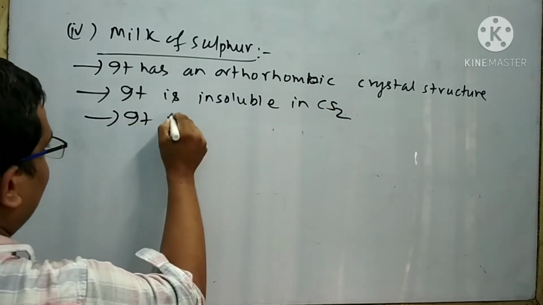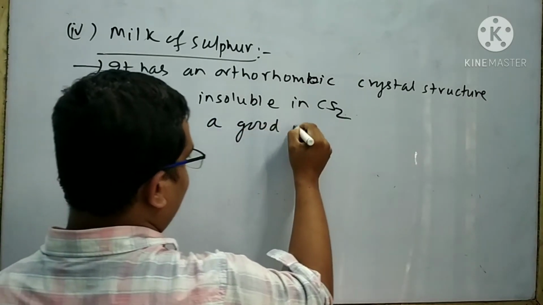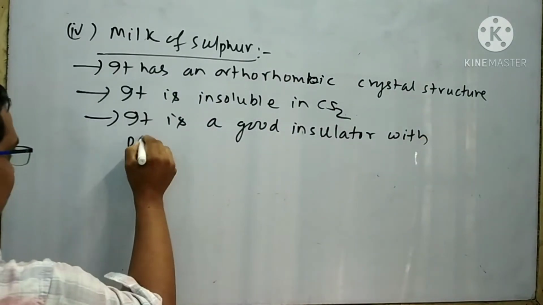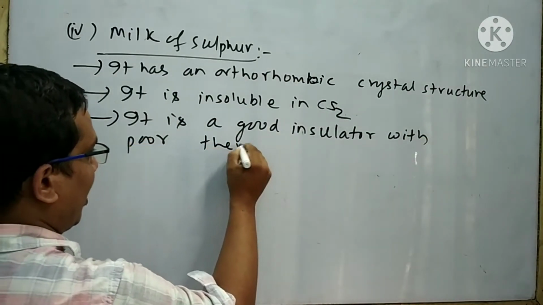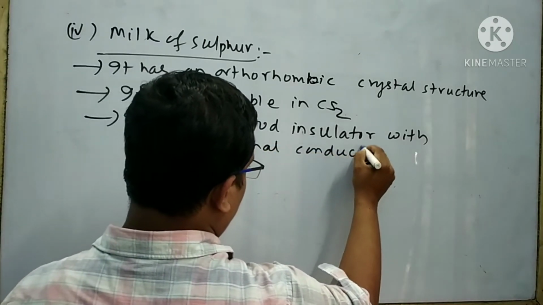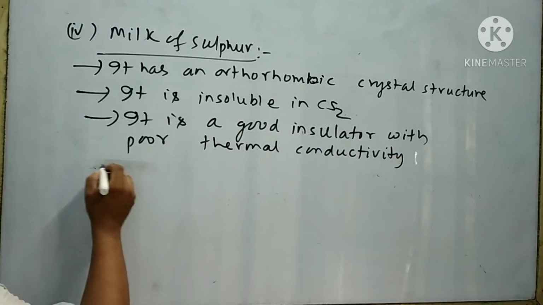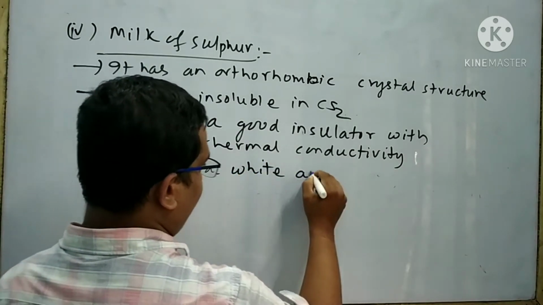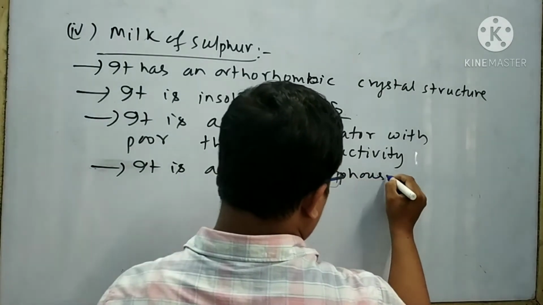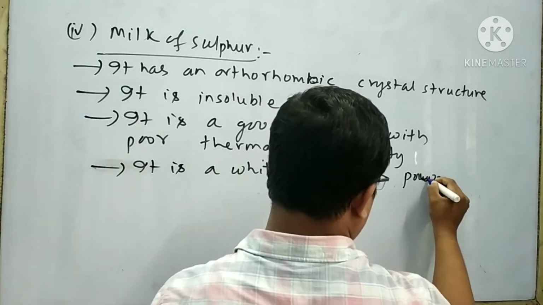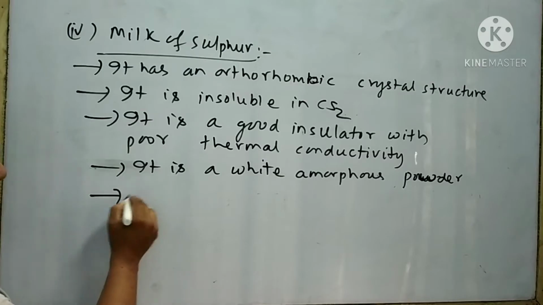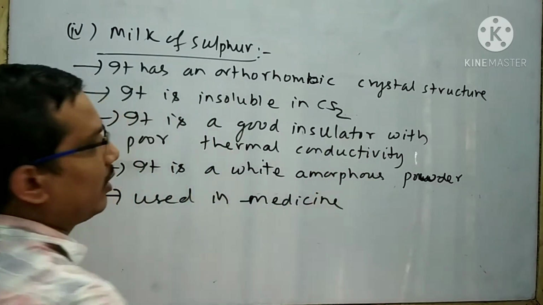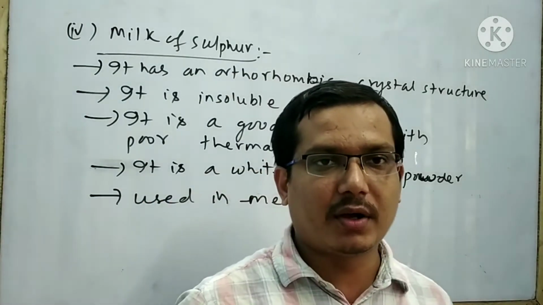It is a good insulator with a poor thermal conductivity. It is a white amorphous powder. It is used in medicine. These are the different allotropic forms of sulfur.